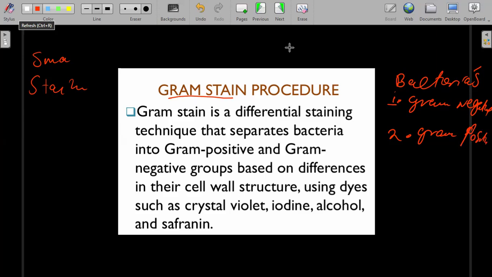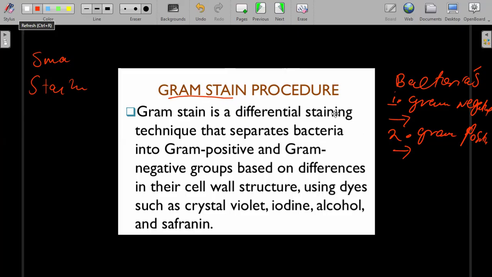Different types of stain will help us differentiate the two types of bacteria. Those stains are able to tell us, depending on the color we get, whether the bacteria is gram negative or gram positive, isn't it? Okay. So we need to know the procedure for this gram stain.